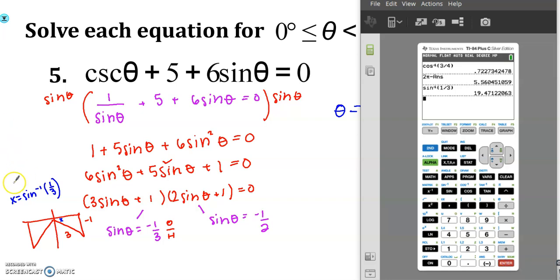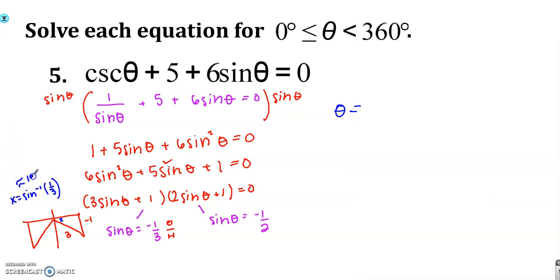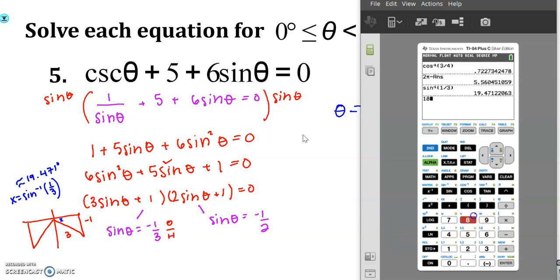Okay. And that is going to make my reference angle 19.471 degrees. Okay. Then in quadrant 3, I'm going to do 180 plus that. In quadrant 4, I'll do 360 minus my reference angle. So I'm going to have 180 plus my reference angle, and then 360 minus my reference angle.